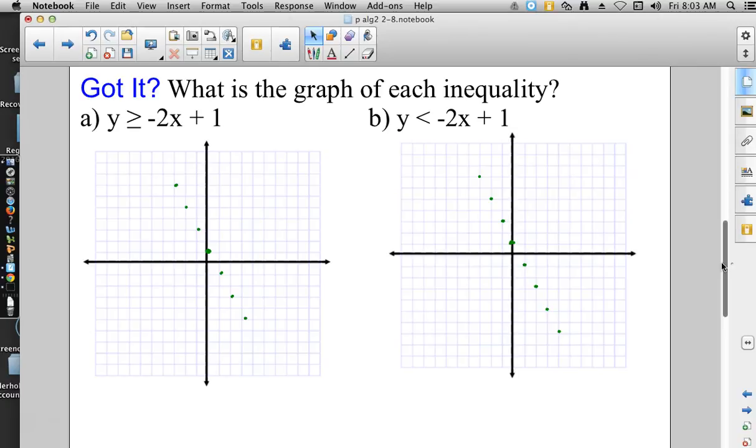Some people are just finishing up, but find somebody around you now, since it looks like most people are done. Take a peek at each other's graphs. Make sure things are going right.